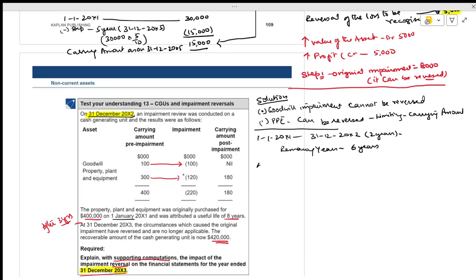Depreciation: if you take into consideration the carrying amount as on 31st December 2003, how much is there?